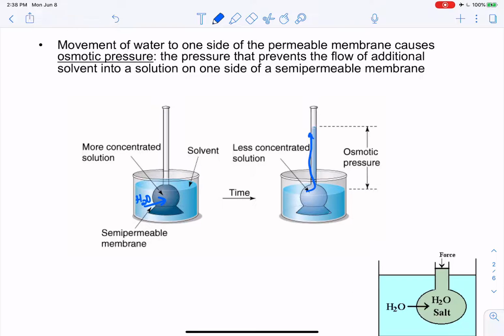And that is called osmotic pressure. That's the pressure that prevents the flow of additional solvent into a solution on one side of a semipermeable membrane. So we have pressure over here that doesn't allow any more water to rush in there.